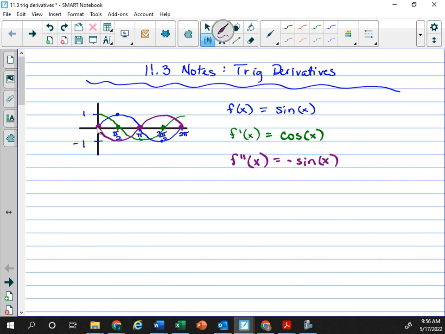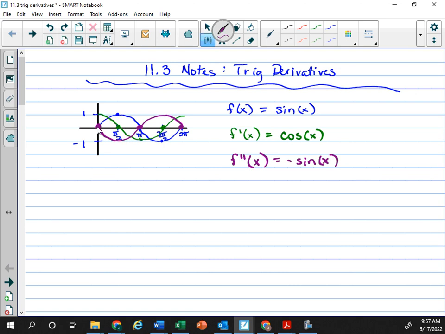So the purple graph has to be below the x-axis, and then minimum gives me the x-intercept. Increasing, so I'm above the x-axis, to the next x-intercept. If you look at the blue graph, the change in concavity happens at those x-intercepts. And then this is concave down, so I'm below. Concave up, so I'm above. Okay, so whatever works in your brain.